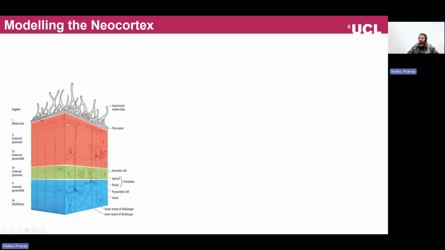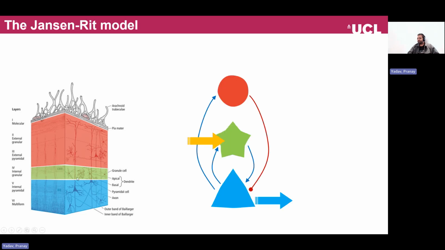So we have simplified this six-layer cortex with numerous cell types into just three populations: the inhibitory interneurons, spiny stellate, and pyramidal populations. This three-population model with certain connections that constitute a circuit is called the Jansen-Rit model. It was described in 1995 by Jansen and Rit and was soon absorbed into DCM as the first neuronal model.